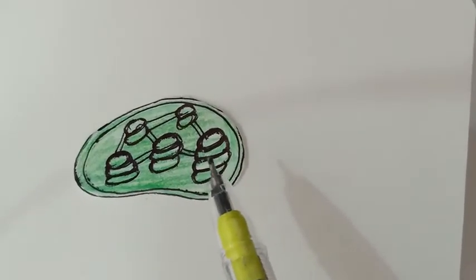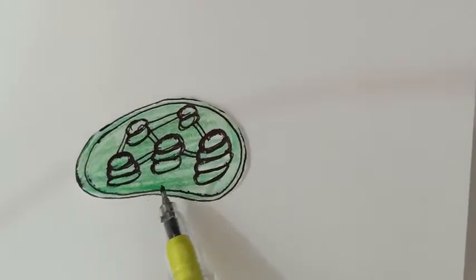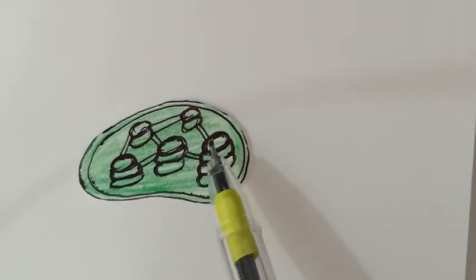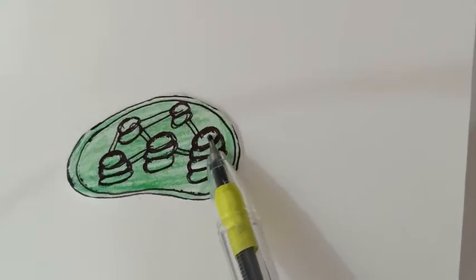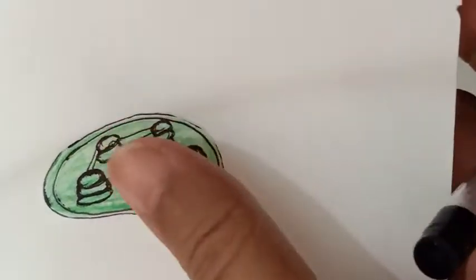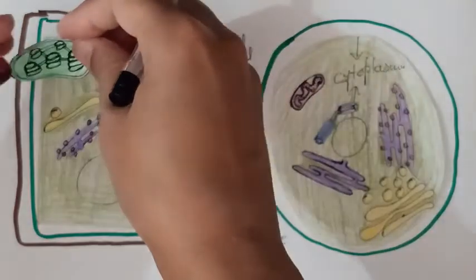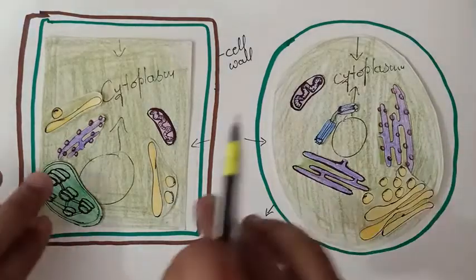So you should know these three important structures of chloroplast. First one is stroma, ground substance. Then the flat sac-like structure is known as thylakoid. Then a pile of these thylakoids is known as granum. Okay, and they are only present in plant cell.